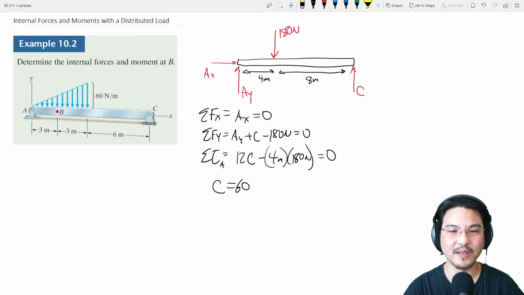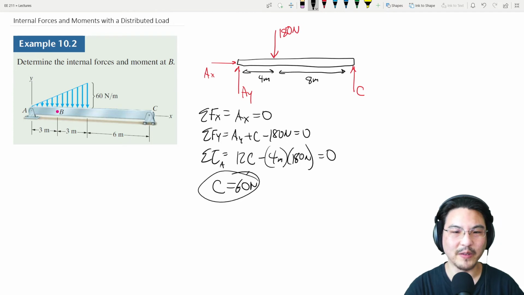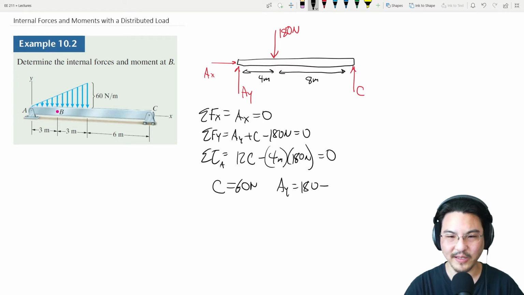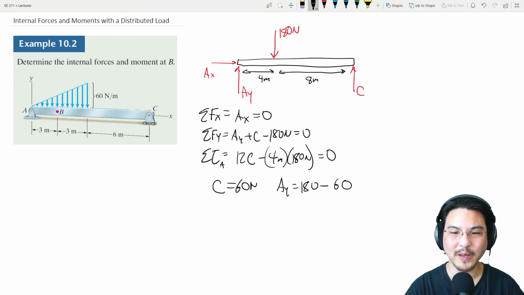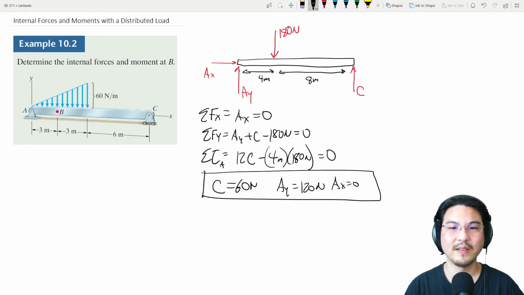Okay, so 60 newtons. And then we can plug that value in right there. So AY is 180 minus C. So that's 120. And AX is 0. Okay, so we got all 3 reactions.